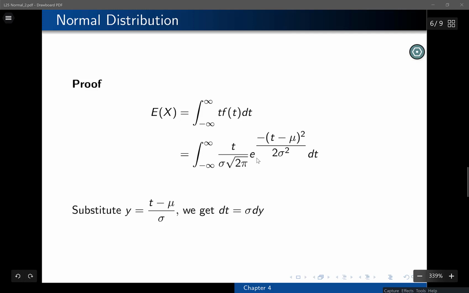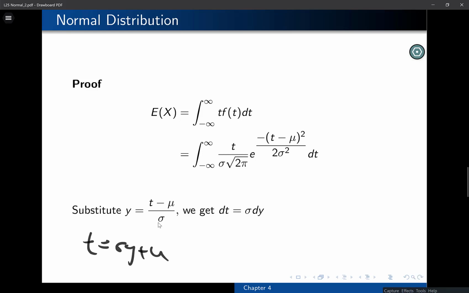Then we do a change of variable, so we make a substitution: t minus mu divided by sigma, which I'll call y. With that, t is equal to sigma y plus mu, and dt is equal to sigma dy, since mu is a constant.